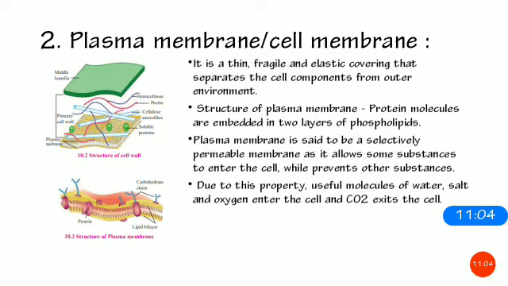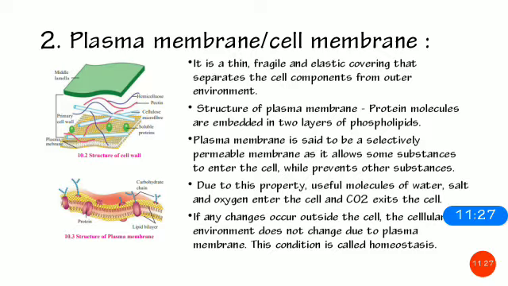Because carbon dioxide is not needed by the cell, it is going to go out from the cell. But water, salt, and oxygen are required by the cell, so they are going to enter. Okay, and this is why it is called selectively permeable, because only the things which are needed are allowed to enter. Not everything can come.